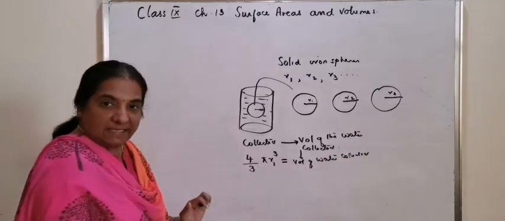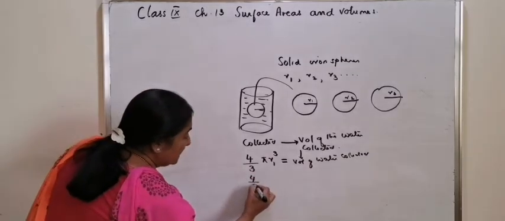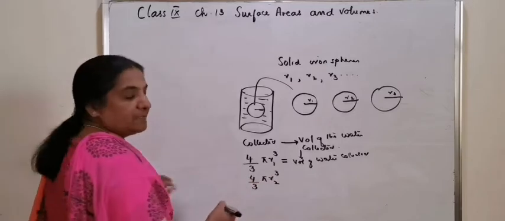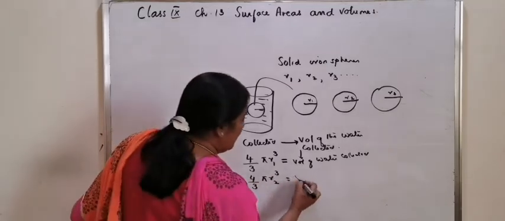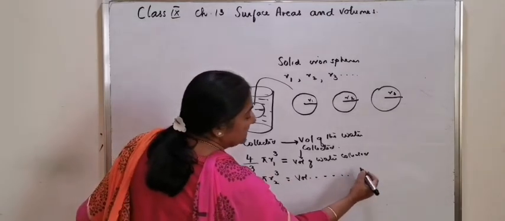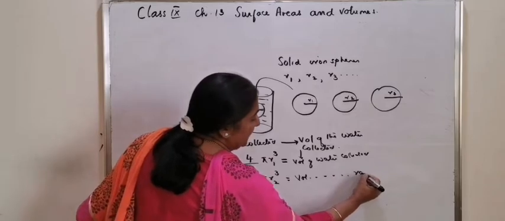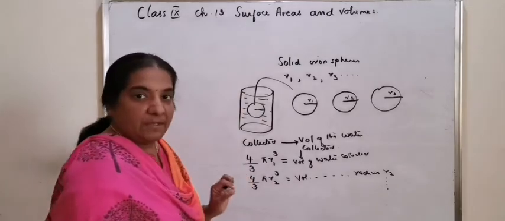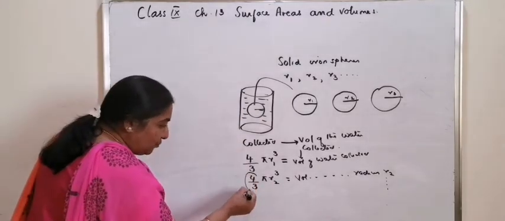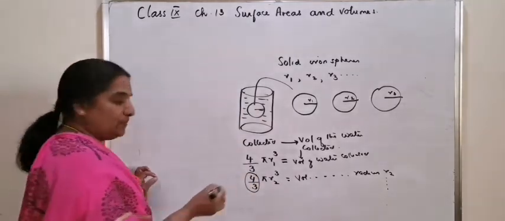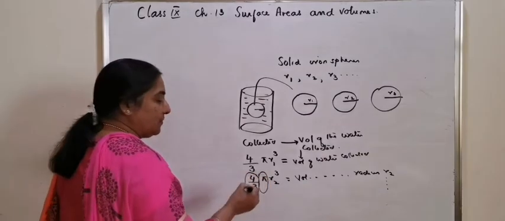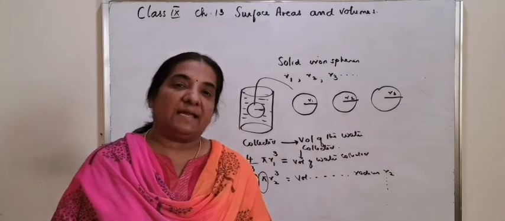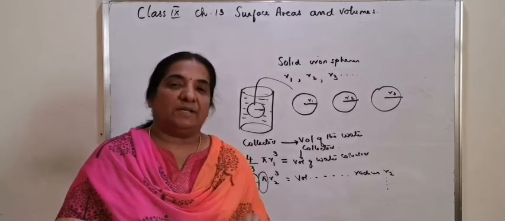Similarly, in the second case, if you calculate 4 by 3 pi R2 cubed, that will correspond with the volume of water collected when the radius is R2 and so on. In this formula, 4 by 3 is a constant value, pi is a constant value and the only varying quantity is the radii R1, R2 and so on.